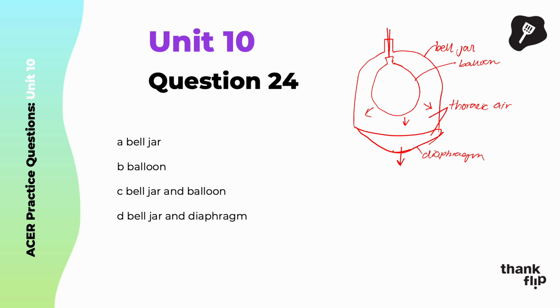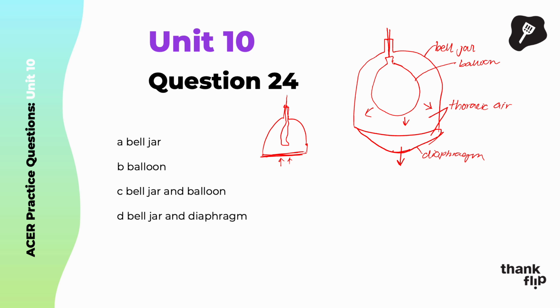So out of these options, which is most like the lung? Well, you have the second image as well, and in the second one, the balloon is deflated and the diaphragm is returned back to its normal position. If you think about a lung and your thoracic space, it's definitely helpful to have some anatomy knowledge.